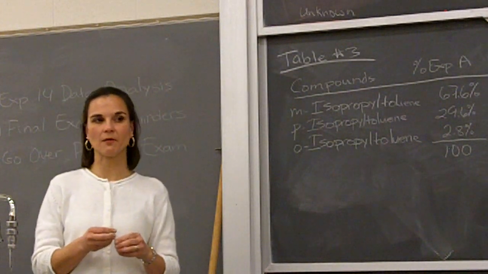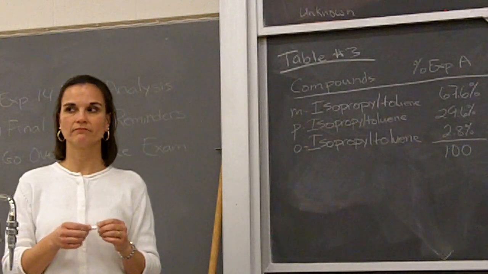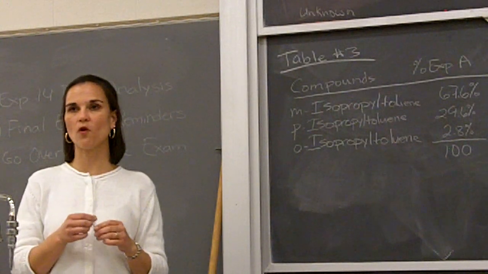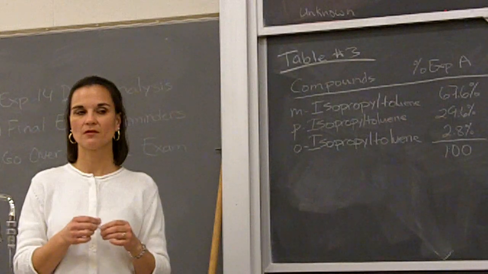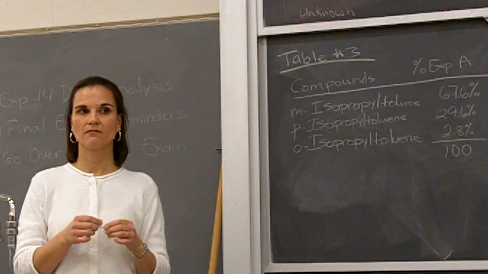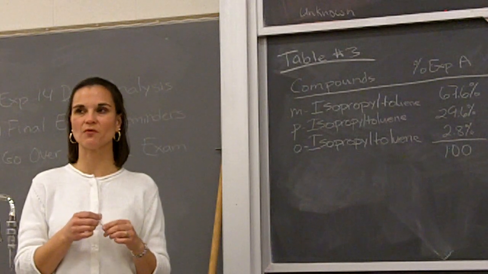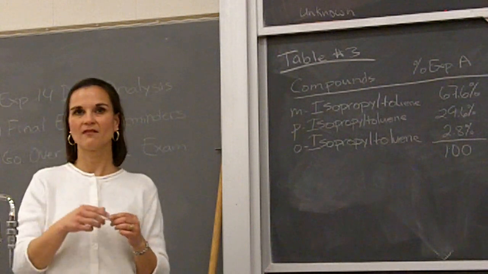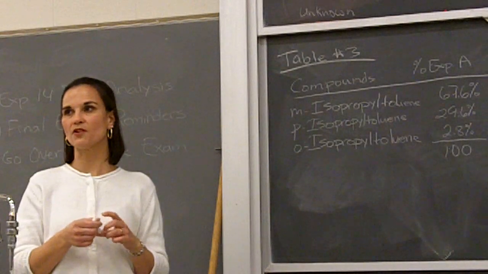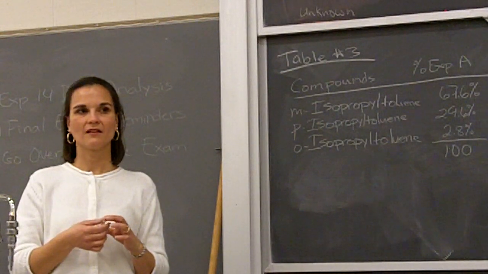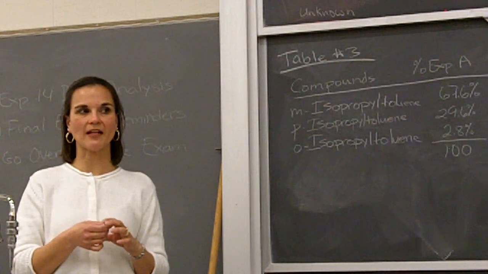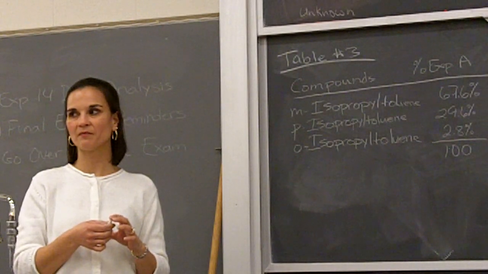What was your thermodynamic product? What formed the most at high temperatures? Para? Who had a high temperature reaction? What did you get the most of? Meta. So you should see meta as your thermodynamic product, okay?